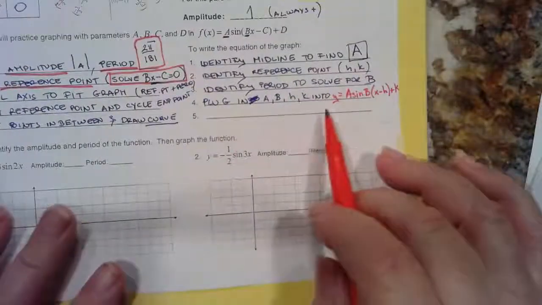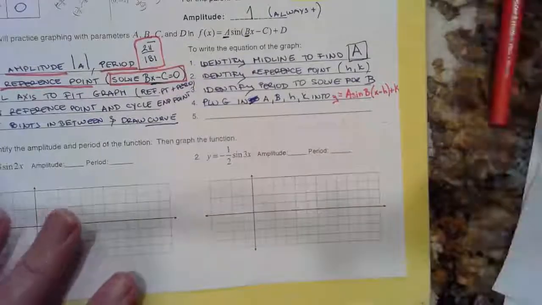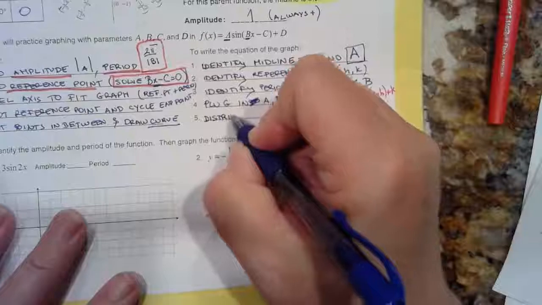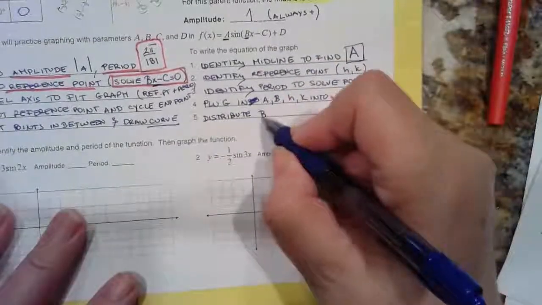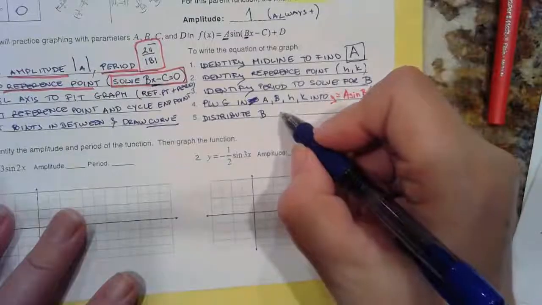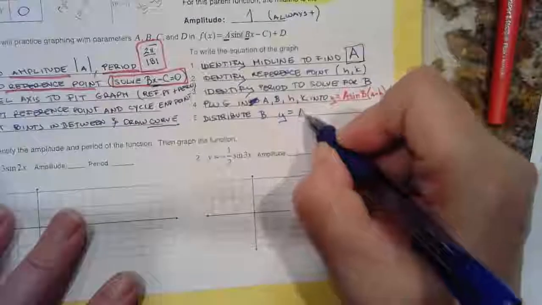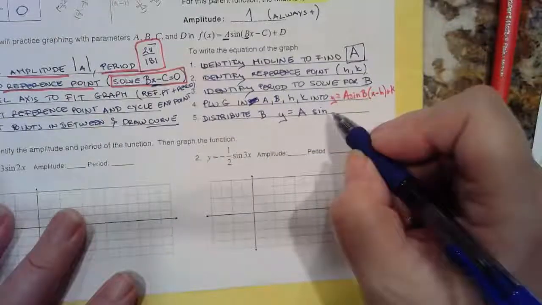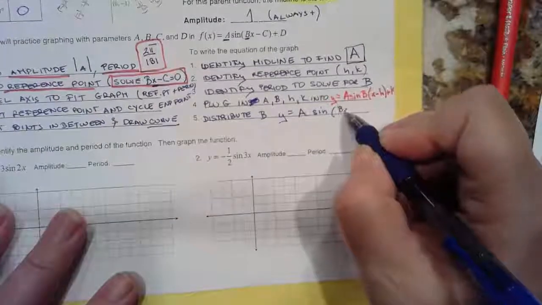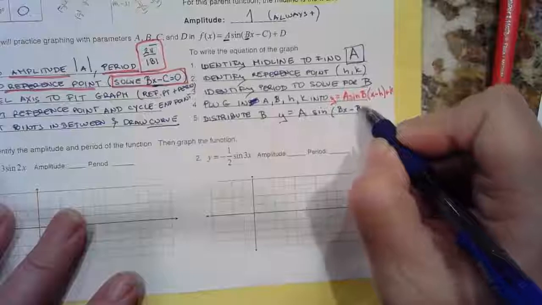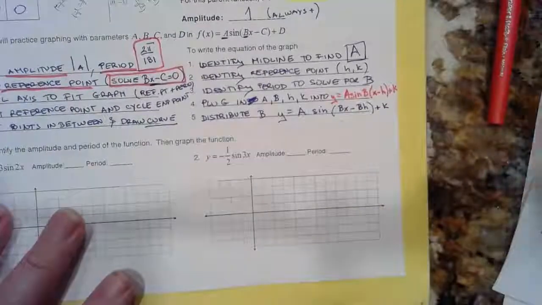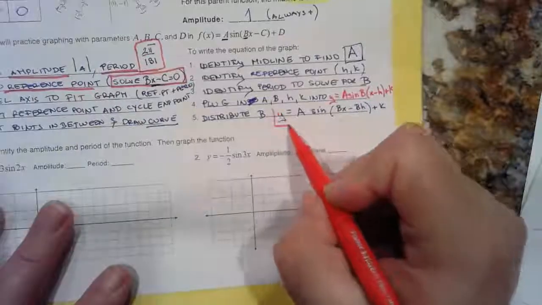So you're going to plug it into this equation, but you're not done because you always want to end with distributing b. And so your final product is going to be y is equal to a sine of parentheses bx minus bh plus k. So that is going to be your final.